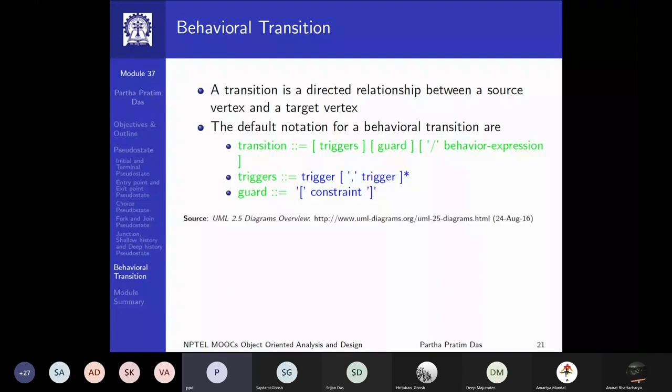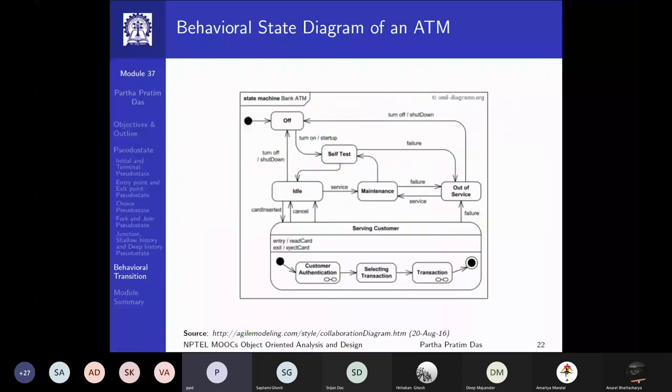So you can see that this behavioral transition description of state machine model in UML is powerful enough to represent whatever you have already known. And then a trigger could be any collection of triggers. Guards are obviously constraints. Behavioral state machine that we saw already.